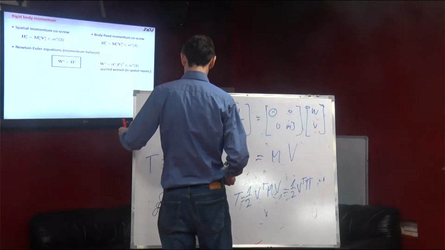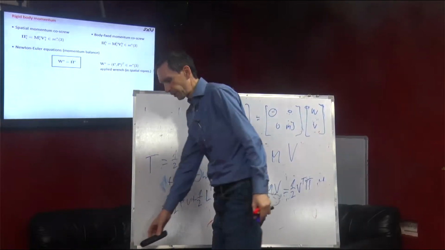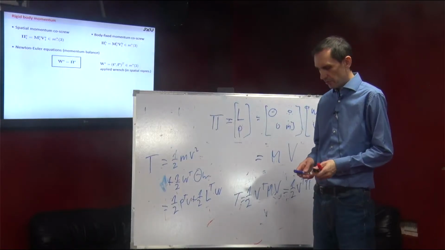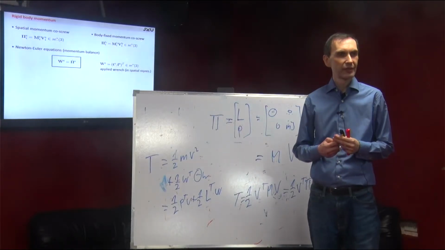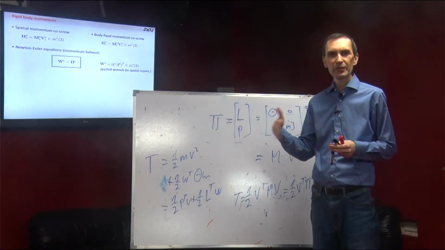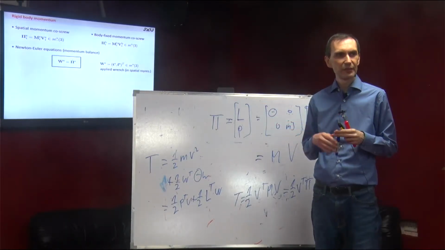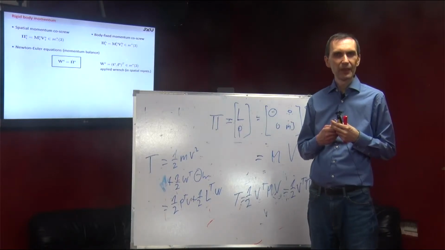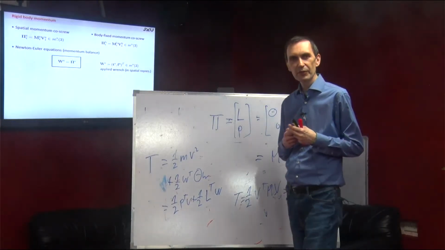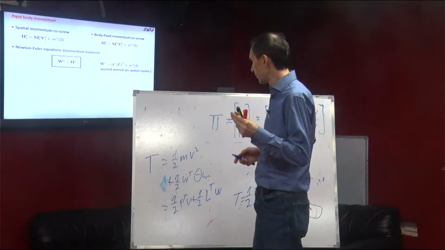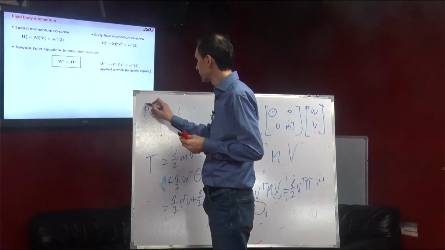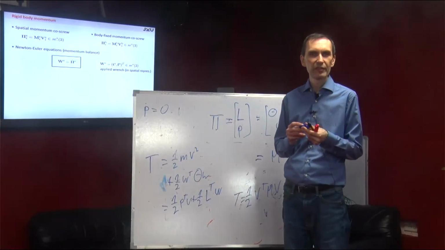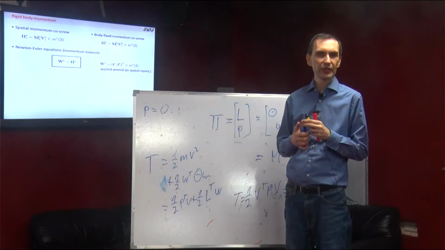What did the good old Euler say? There is this momentum conservation law. What does it say? It remains constant if there's no force acting on it. So for the linear momentum, you would say P dot is 0 if there's no force acting on it.